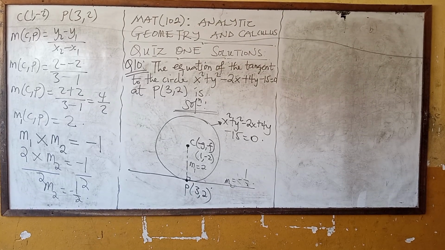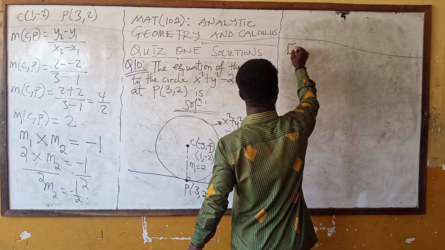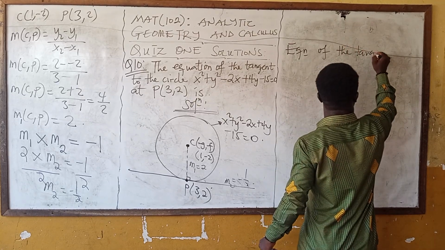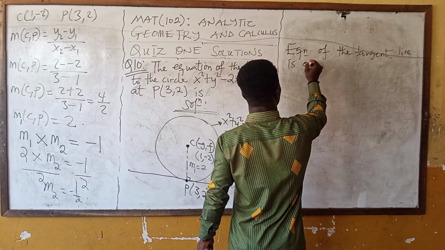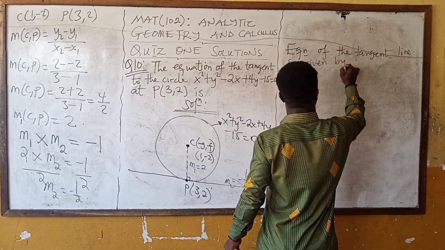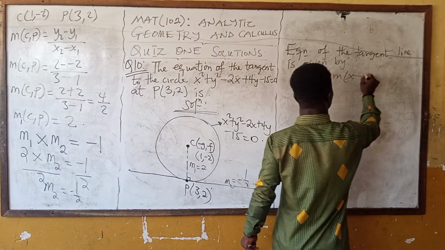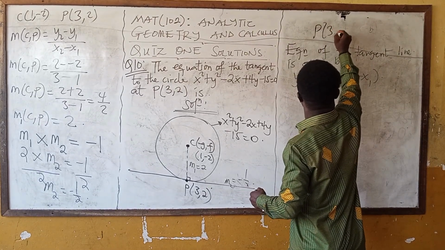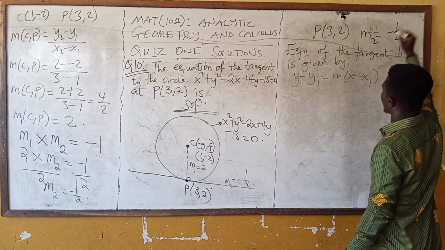Alright, so let's proceed to find the equation of the tangent line. The equation of the tangent line is given by y minus y1 equals m multiplied by x minus x1. So now we are using point P, which is (3, 2), and the gradient m2, which is negative half.